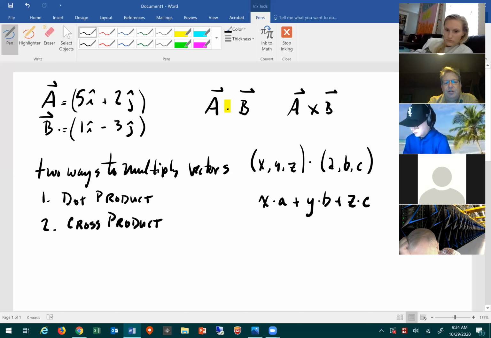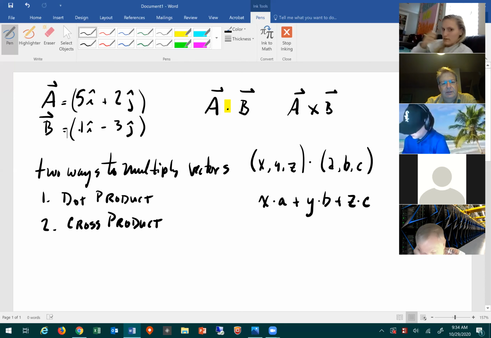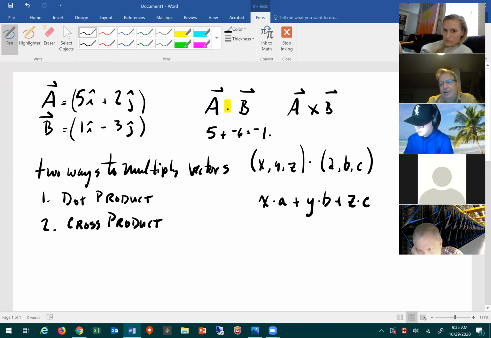So in this vector, what is A dot B? It's going to be 5 times 1 plus 2 times negative 3. That's how you do it.